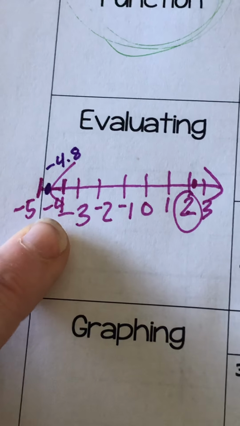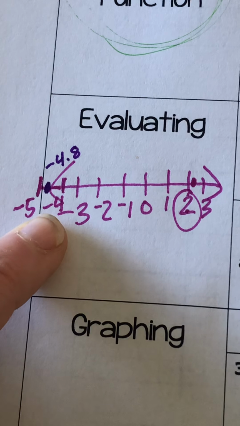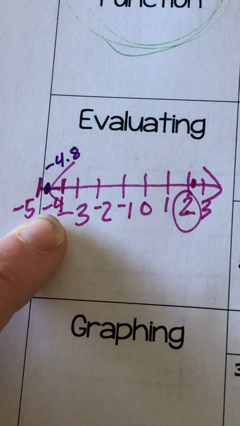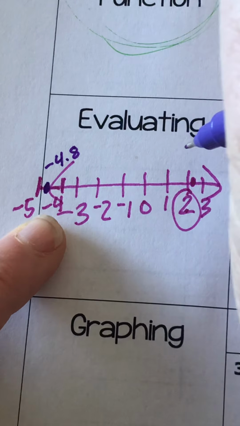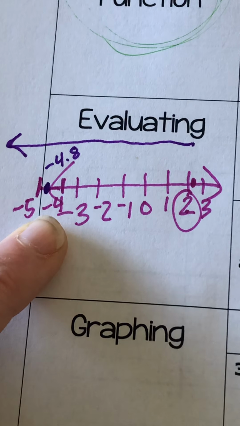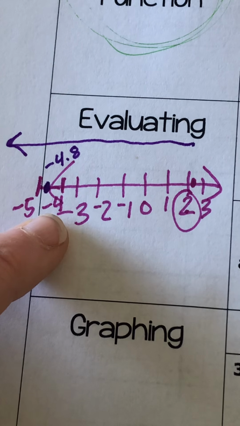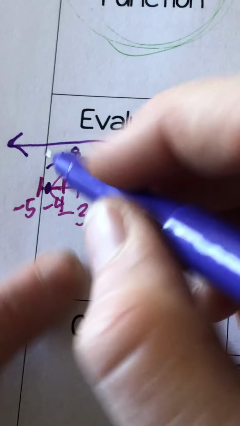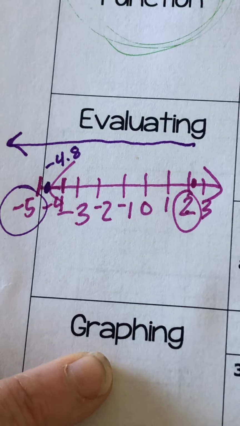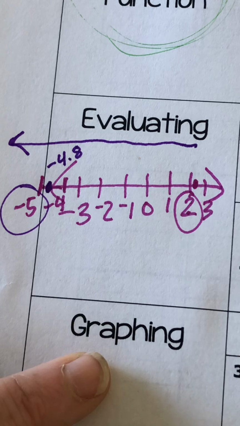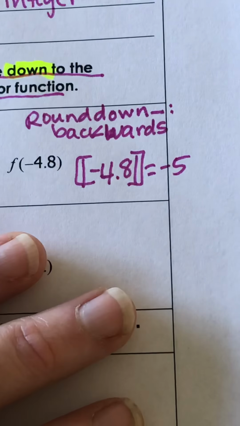So is -4 less than -4.8? No. So in other words, the only way I can go when I'm rounding is down. Otherwise, I'd be going to a greater number. So that means -5 is its closest greatest integer. I can't go above it.